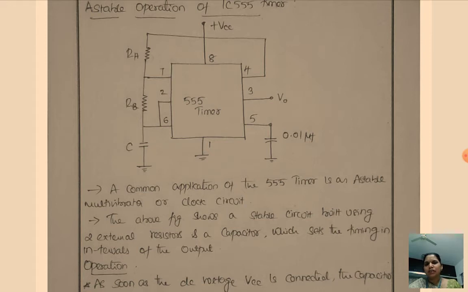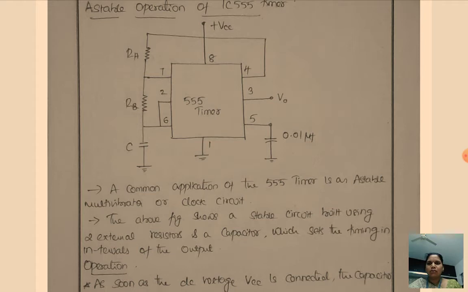This discharge pin helps the capacitor to discharge across the resistance RB when the transistor is on, and whenever the transistor is off, the capacitor will start charging via RA and RB. And pin 8 as usual is the DC voltage input, which is plus VCC, and as you know this DC input voltage should be between plus 5 volt to plus 18 volt.